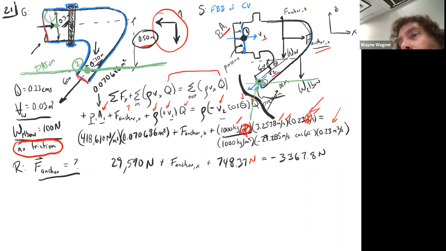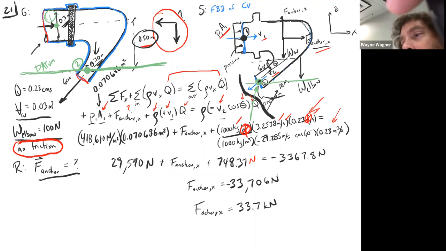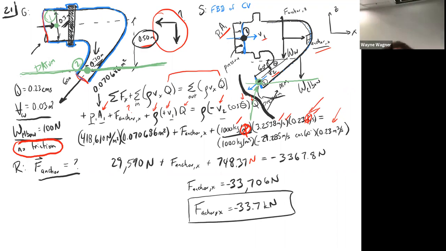So we're going to go ahead and solve for all that, and we're going to end up with F anchor in the X direction equals 748.37 plus 29,590 equals 3,307.06 newtons, or F anchor in the X direction equals 33.7 kilonewtons. Oh, wait, sorry, negative. So we drew it the wrong direction.